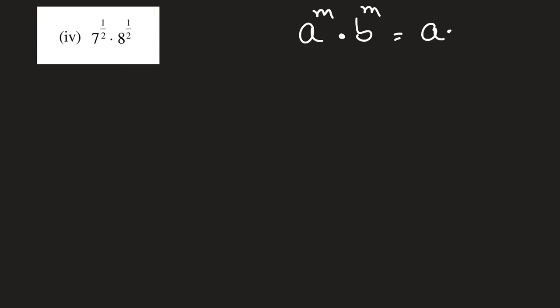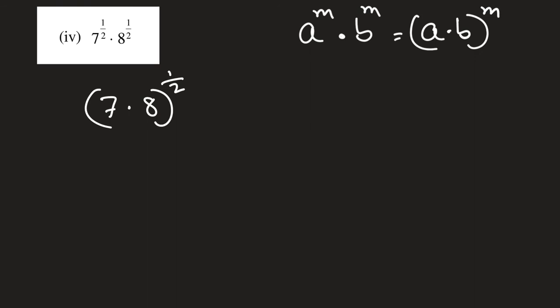A times b, the whole thing to the power m. Can we apply this law over here? Yes. So can I write this as 7 times 8, the whole thing to the power half? Now 7 times 8 is how much? 56. So 56 to the power half. This is the simplification of 7 to the power half times 8 to the power half.